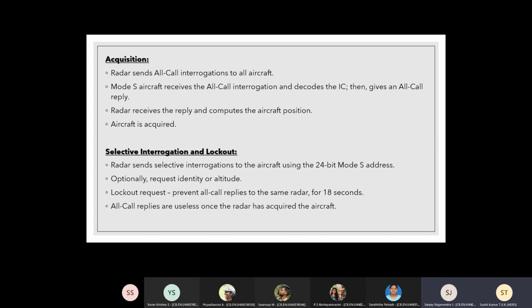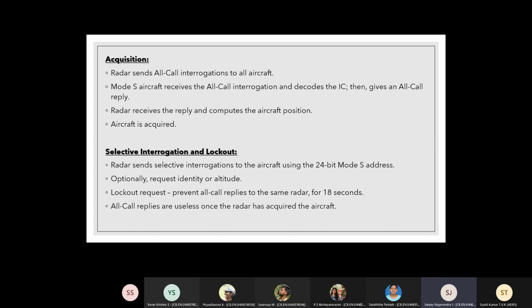Sanjay, can you just repeat this acquisition? Yes, sir. It's basically the radar sends all-call interrogations to every aircraft present within its surveillance coverage. This interrogation is received by each aircraft, and it decodes the interrogation code and then gives a reply back to the radar.